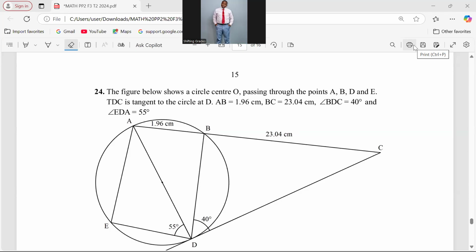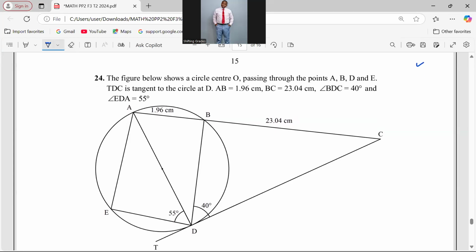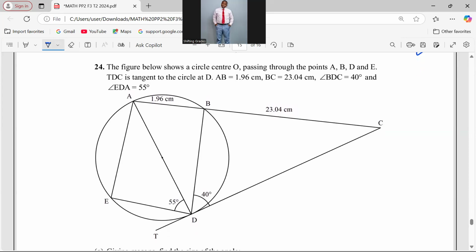So the question says in number 24 that the figure below shows a circle center O. So this one is the center O, passing through points A, B, C, A, B, D, and E, just as you can see. TDC is tangent to the circle at D. Line AB equals 1.96 centimeters.